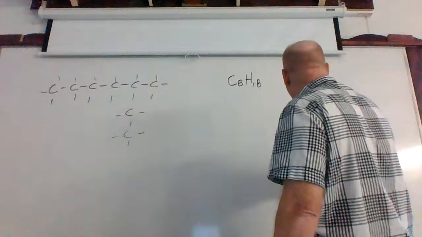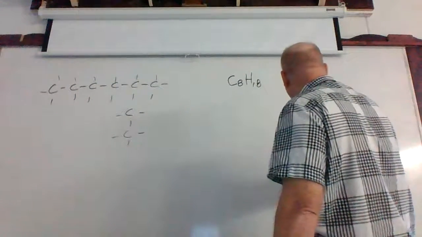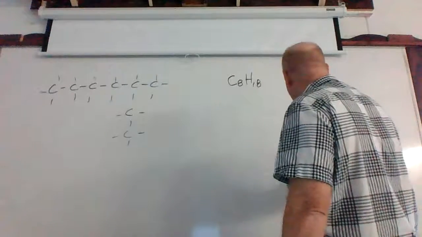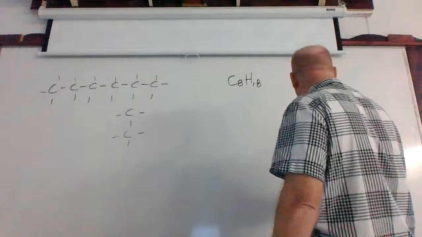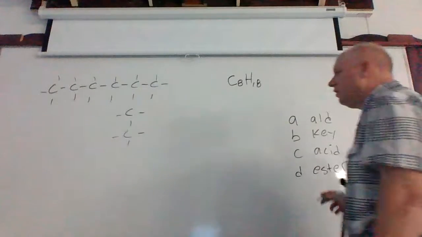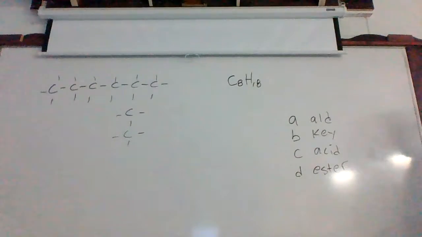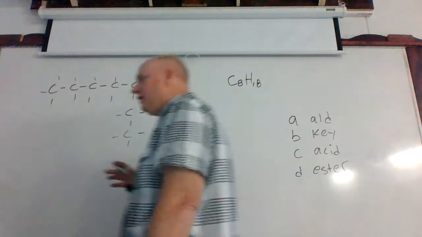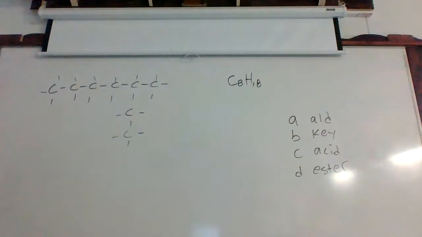Is it A, an aldehyde? B, a ketone? C, an acid? Or D, an ester? Look at what the wording says. If there is a double bonded oxygen on the first or end carbon, the functional family is called which one of those selections? It is an aldehyde.